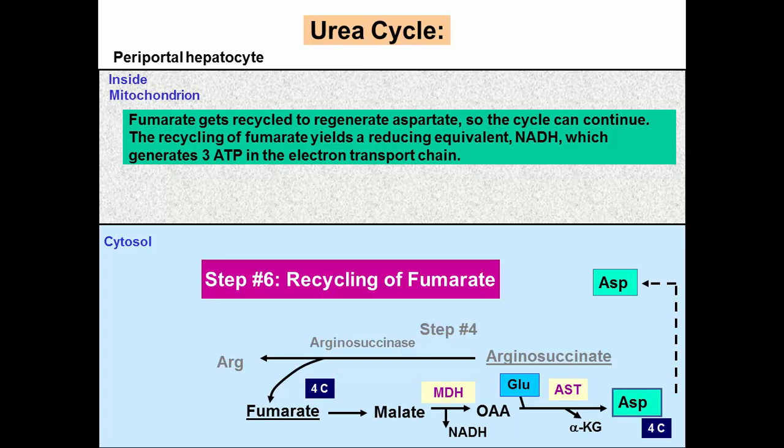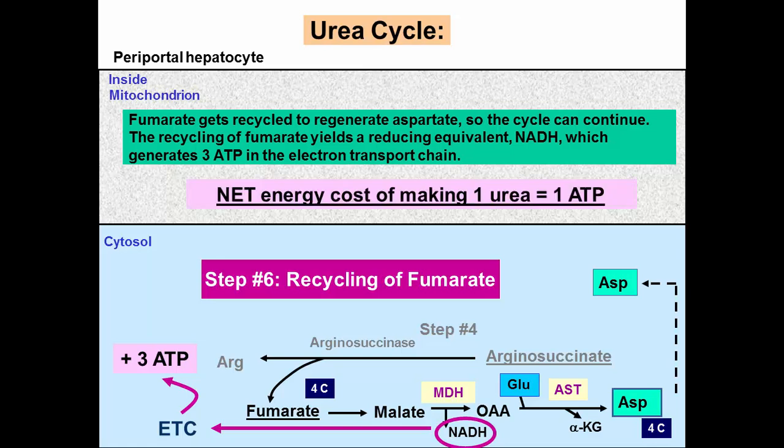You get to oxaloacetate, and guess what? We need AST. That transamination reaction helps convert the OAA back to aspartate. Remember, we talked about AST and ALT. Those are reversible reactions. And that reducing equivalent can be used to generate 3 ATP.